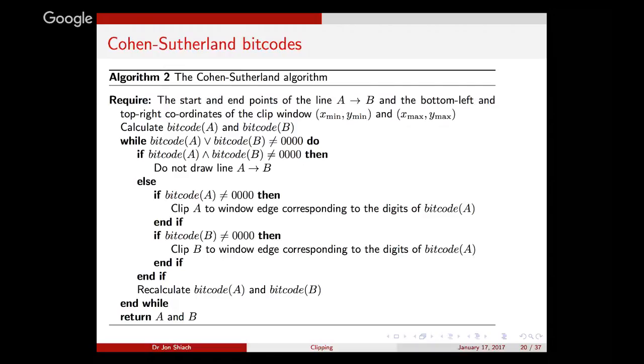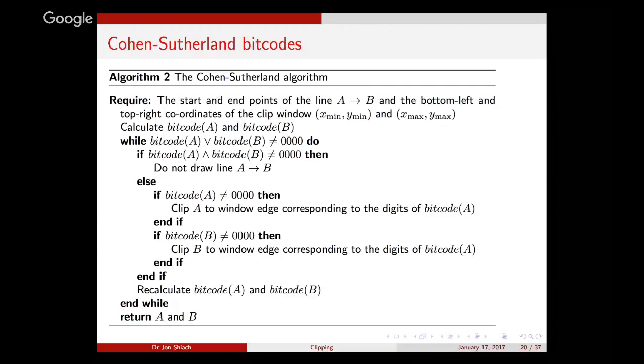We reject it. So it means it doesn't enter our clip region. Else, if bit code of A is non-zero, we clip A to whatever edge we clip it to. If the bit code of B is non-zero, we clip B.